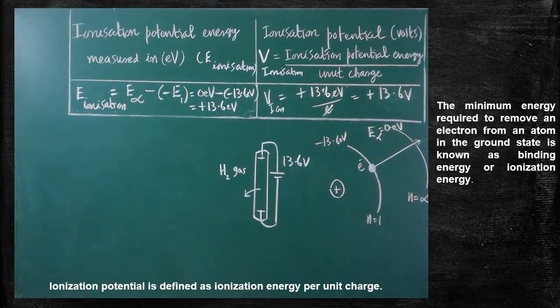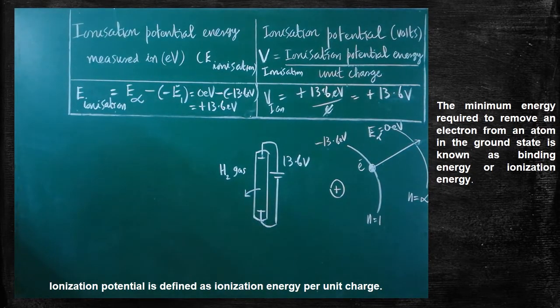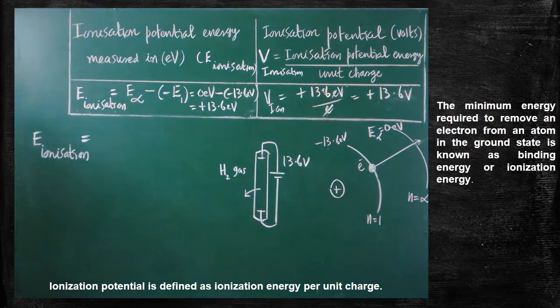So these are all the things told about the hydrogen atom. Now I am going to give the general formula for any atom. To ionize any atom of any element, I am going to write the common formula for ionization. For example, if you want to remove the electron from helium or lithium, there also ionization takes place.